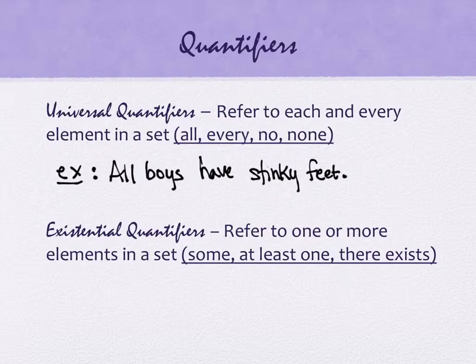Okay, that's got a universal quantifier in it, the word all at the beginning. All dogs go to heaven. No cats are nice. I have a daughter who believes that.